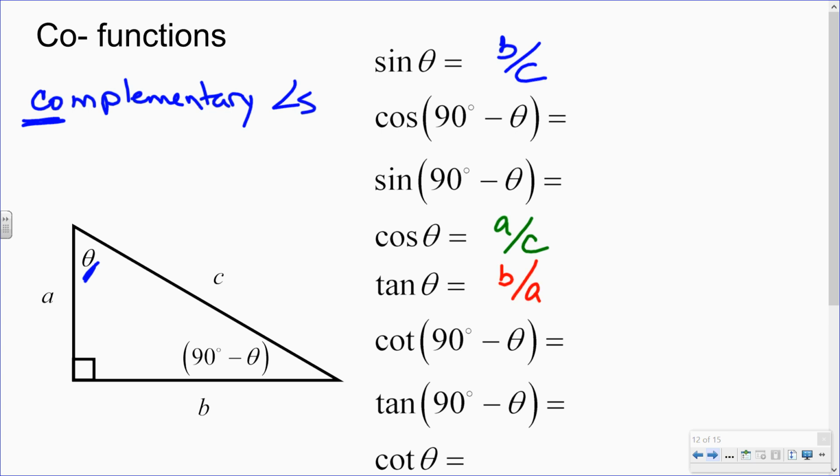Okay, now let's go to the other angle. I'm going to go to the 90 minus theta. For 90 minus theta, for this other angle, what is its cosine? Sine of one angle was cosine of the complementary angle. And let's see, as long as I'm at 90 minus theta, what is its sine?